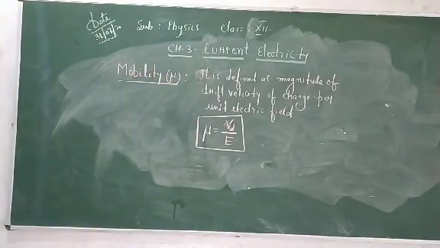It is denoted by the symbol mu, that is Vd divided by E.